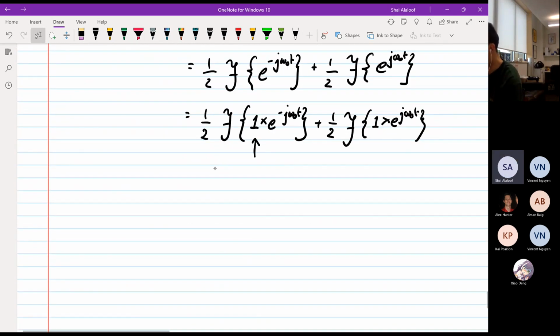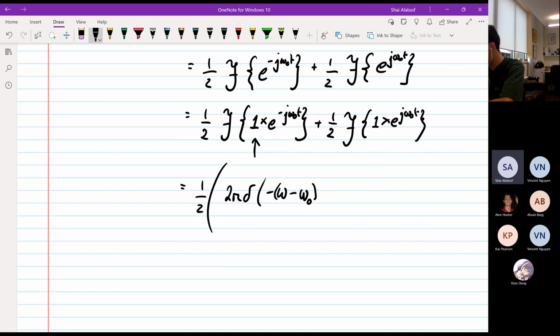So I'm going to write this as a half. Actually, I'm just going to take a half out the front, right? So 1 Fourier transforms to 2 pi Dirac of omega, but then we're going to shift it, in this case, by minus omega naught. And 2 pi, and same with this one.